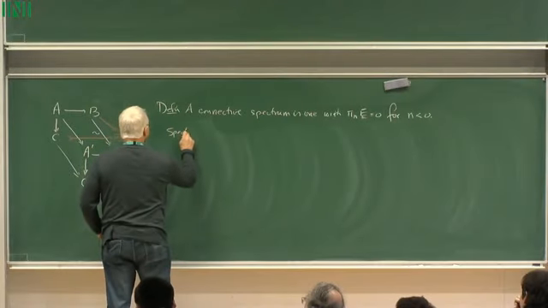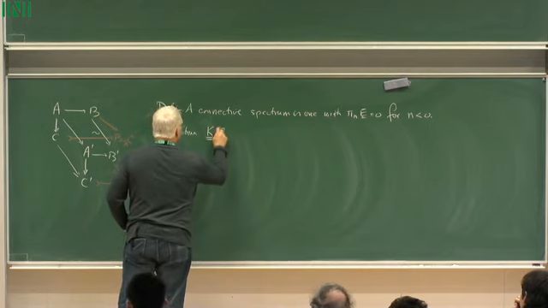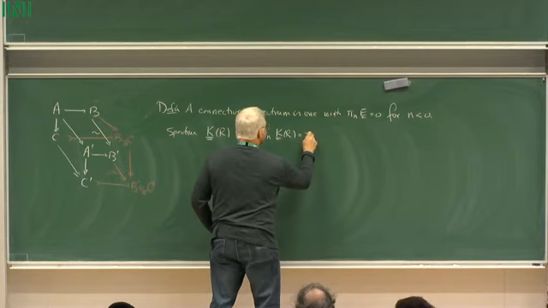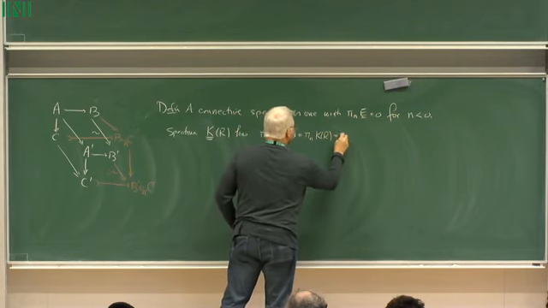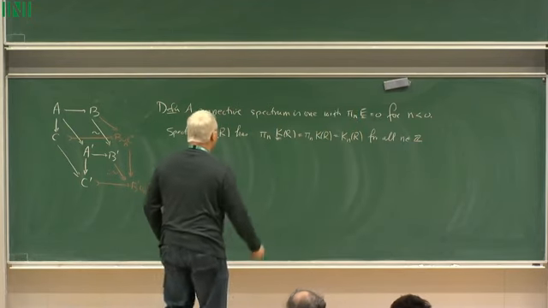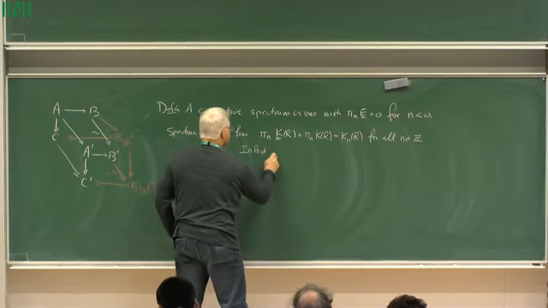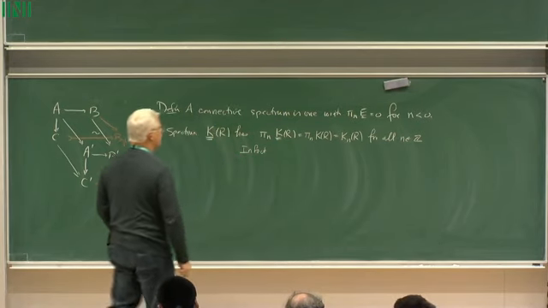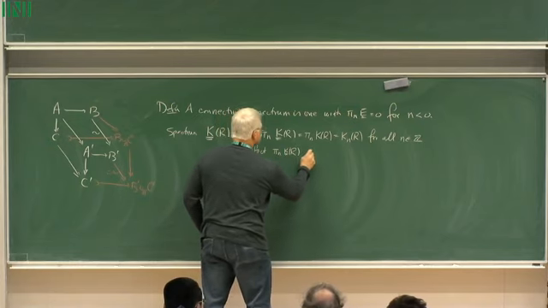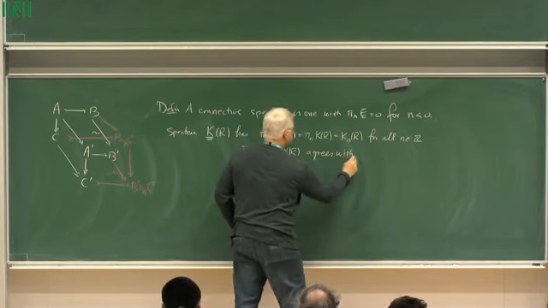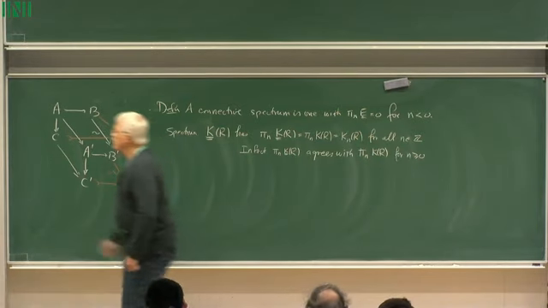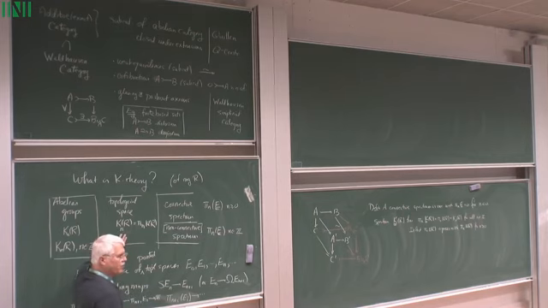The spectrum K of R has pi_n of K of R equal to K_n of R for all n in Z. If I'm thinking of a topological space, I can't really talk about its negative homotopy groups.